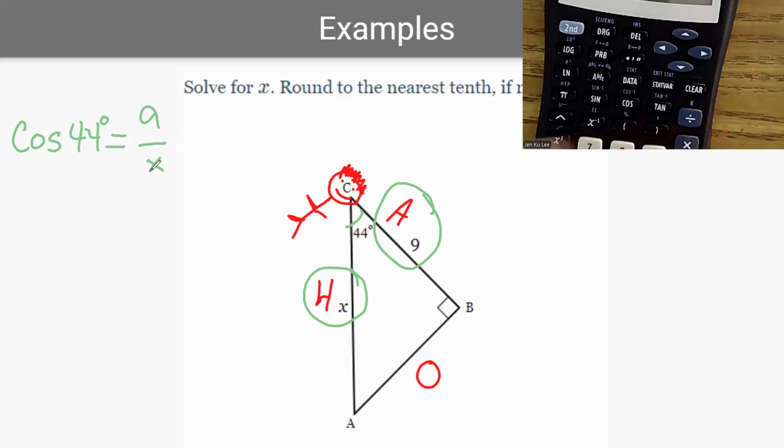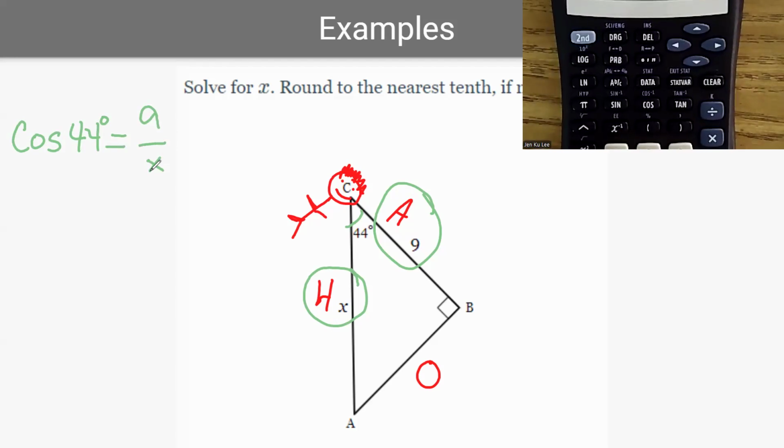Before you touch the calculator, I need you to solve for x algebraically on paper. So what are we going to do to solve for x? Well, if your variable x is in the bottom, we're just going to get what's here and what's here, and flip them.